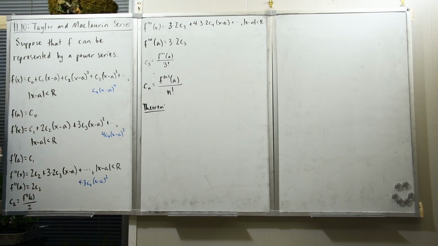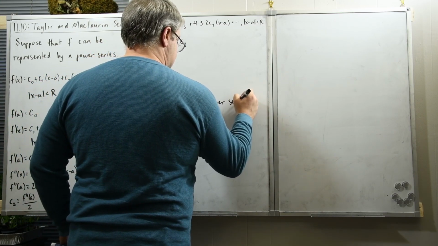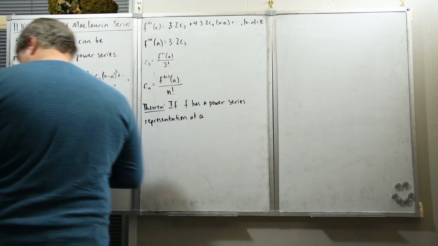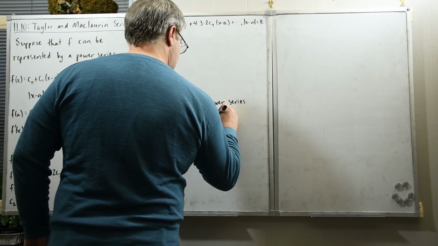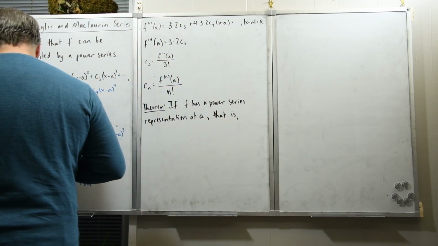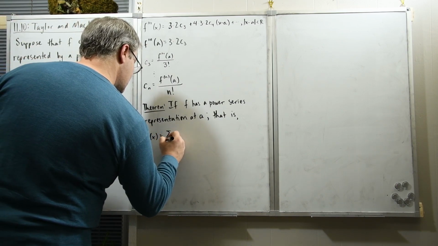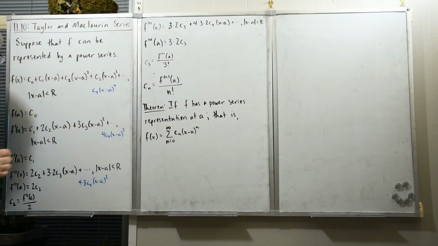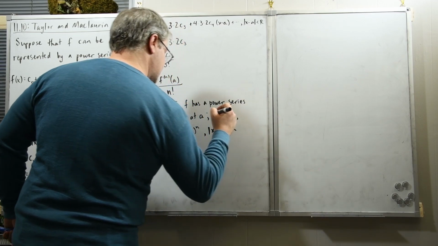So if f has a power series representation at a, that is, you can write your f of x as follows: the summation n equals 0 to infinity of c sub n times x minus a raised to the nth power, for absolute value of x minus a less than r.